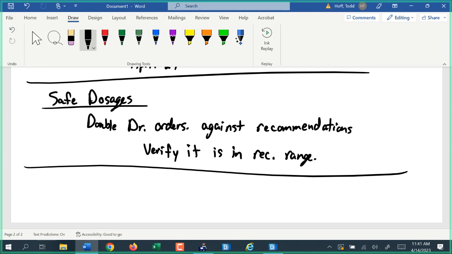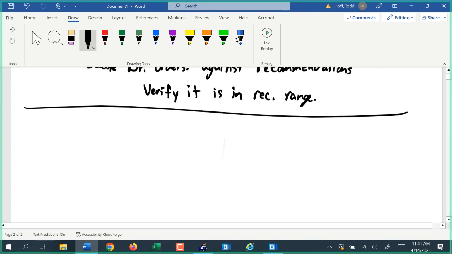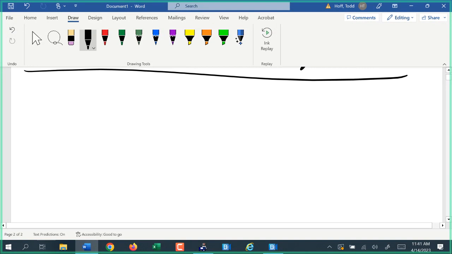Safe dosage calculations kind of can encompass any type of dosage calculation we've encountered, but most of the time it's dealing with a medication, an order that is based on some characteristic of the patient. So it's by weight, by body surface area, or some other qualification, so that there's that room where it can be double checked against the standard.